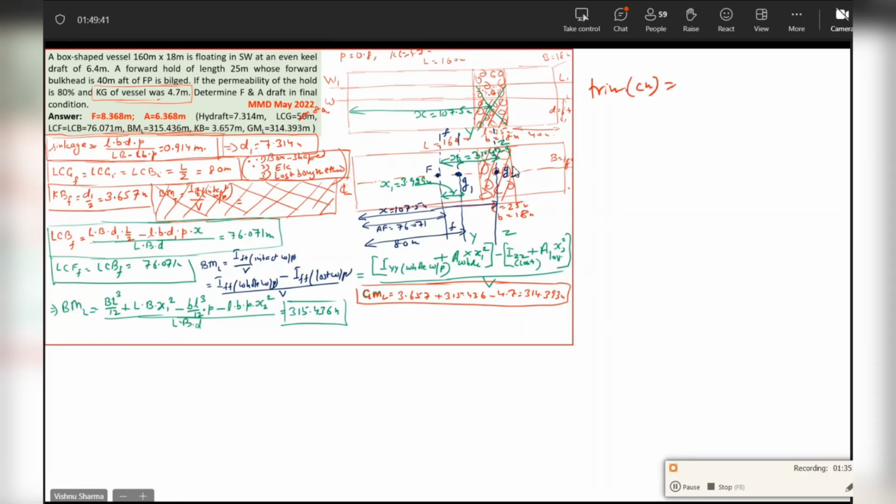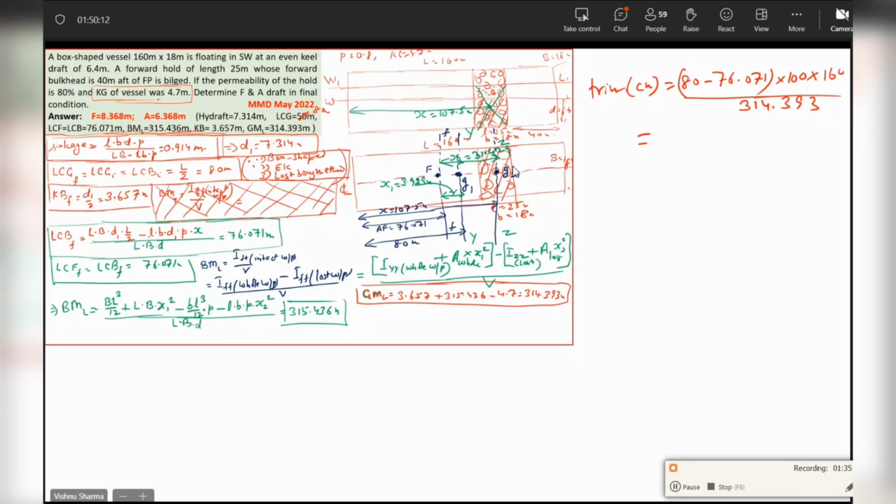Of course, you can put in meters, whatever works for you. LCB difference: what is LCB final? 76.071. LCG is 80. This is how you can write. Multiplied by 100, multiplied by the length of the vessel 160, divided by GML 314.393.